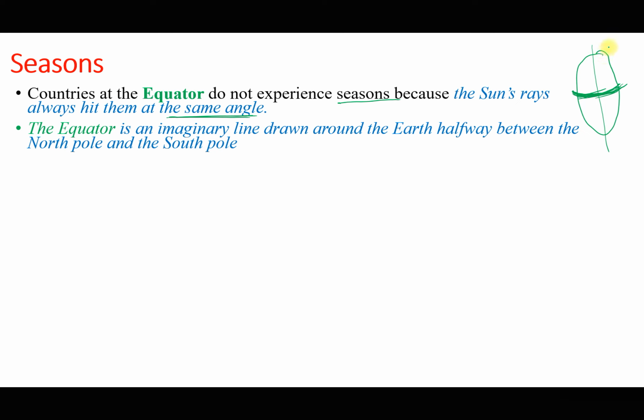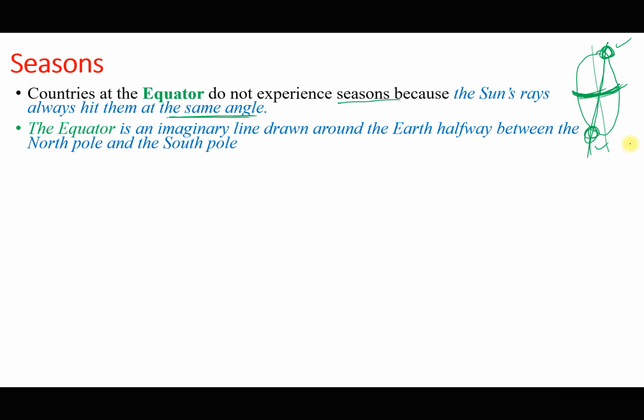But for countries towards the North and the South Pole, remember, if we draw in the tilt, the axis, countries which are somewhere here and these ones here, the sun's rays do not hit them at the same angle. That's why in the northern hemisphere and the southern hemisphere, they experience what we call winters, summers, and so on and so forth.